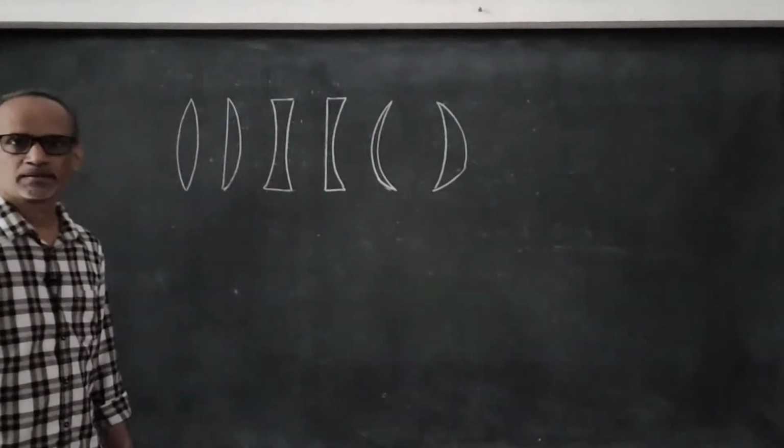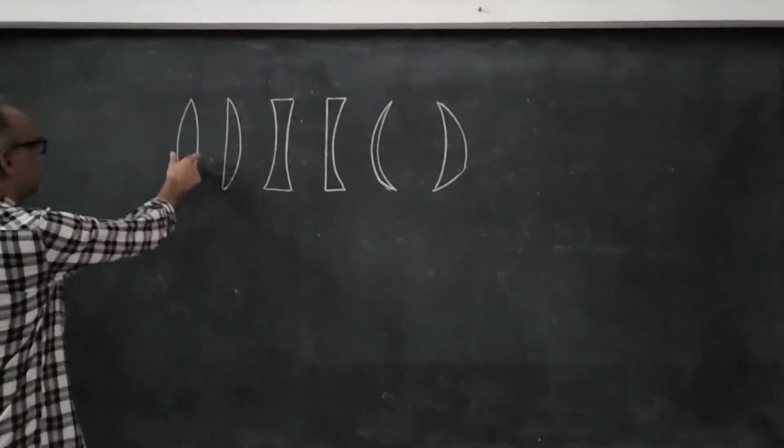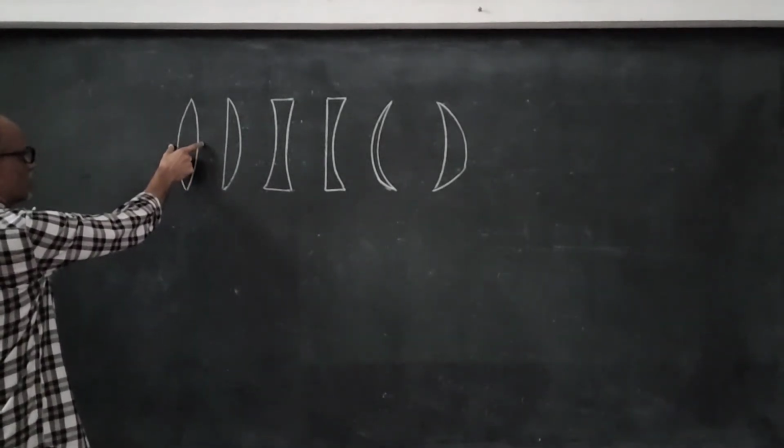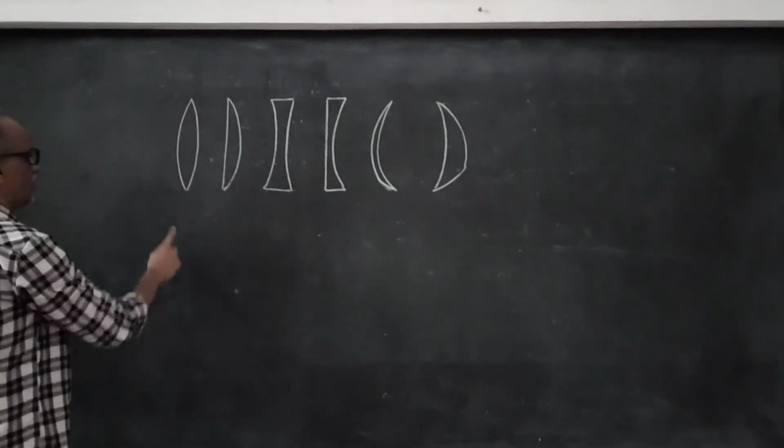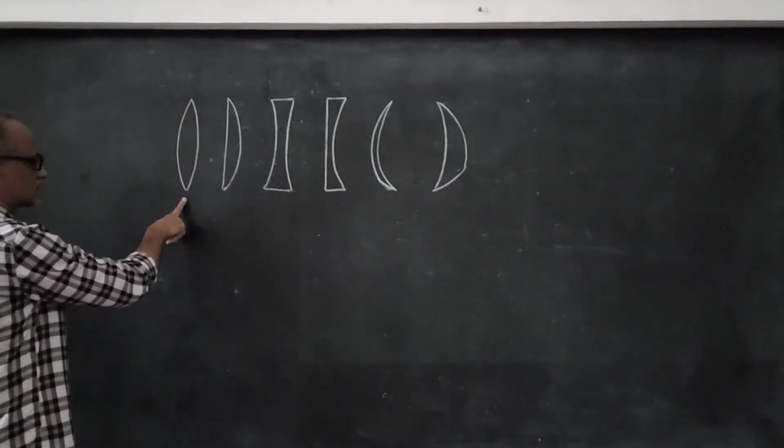So these are the different shapes of the lens. The lens which is thicker at the center and thinner at the edge, this is called biconvex lens.